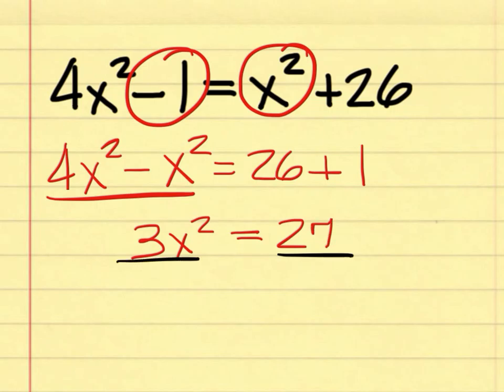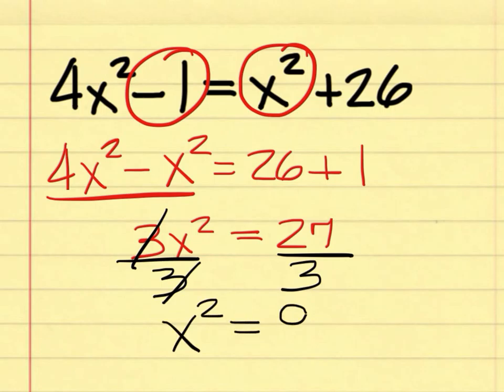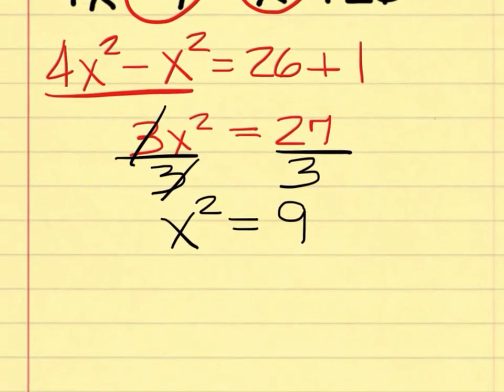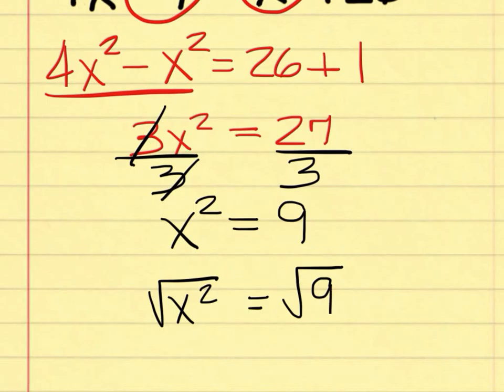Divide both sides by 3. Cancel out the 3 and get x squared equals 9. The square root of both sides is what I need now. And the square root of x squared is x, and the square root of 9 is plus or minus 3.